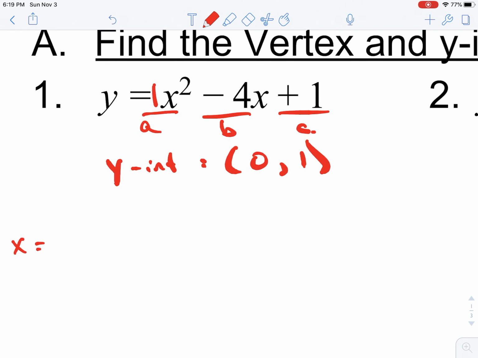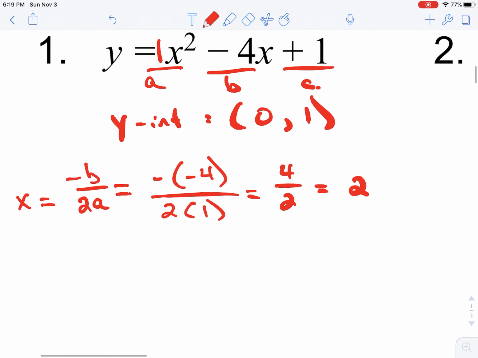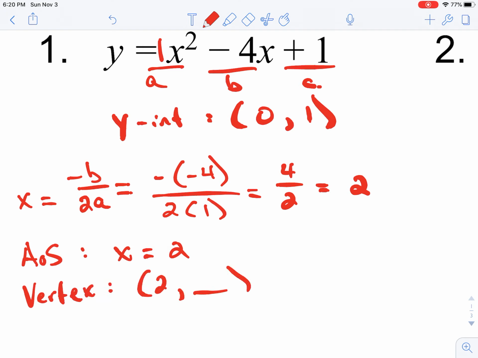But if we do -b over 2a, that would equal -4 over 2 times 1. Both those numbers come from the equation itself, which gives me 4 over 2, which gives me 2. Which means the AOS is at x equals 2. It also means that the vertex starts with 2.